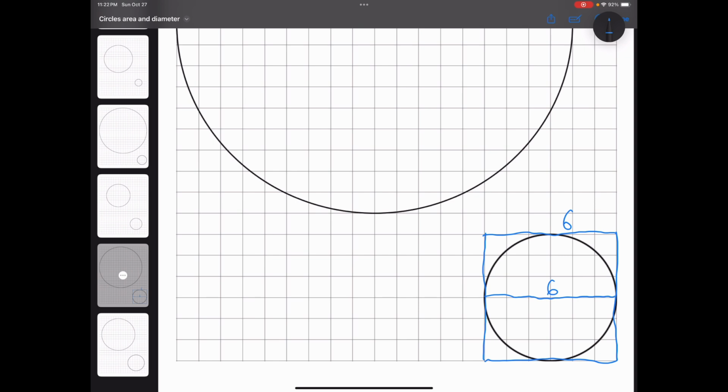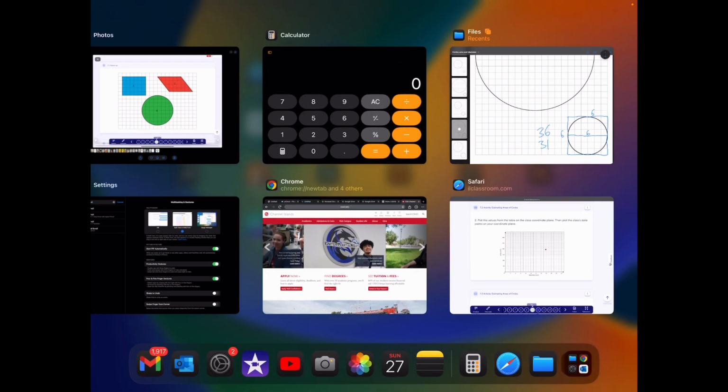It's 6 by 6. You actually know it's 6 by 6 because the width is the diameter. So the area is 36, but you subtract 1, 2, 3, 4. Let's just subtract 5. So let's say 31. So 6 and 31. Let's go back to our table.